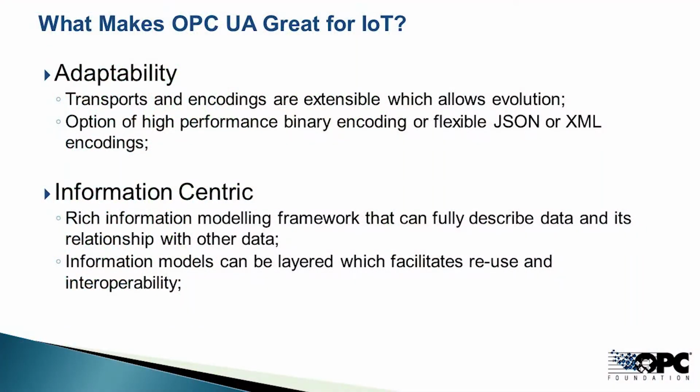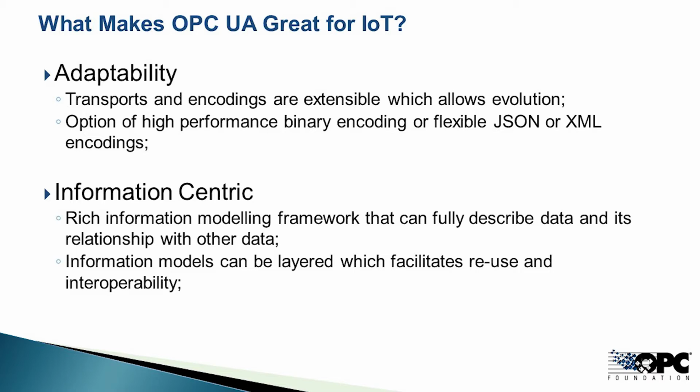In addition to transports, we also offer variations in encodings, because binary is great when you've got UA applications on both sides because it's fast and it's efficient. But there's lots of situations, especially with IoT, where you want to put stuff into the cloud, where you've got these generic analysis engines that don't necessarily want to deal with an industrial ICS binary format.